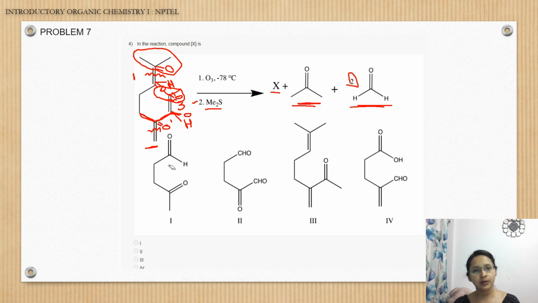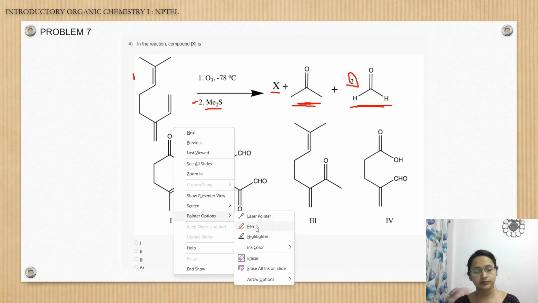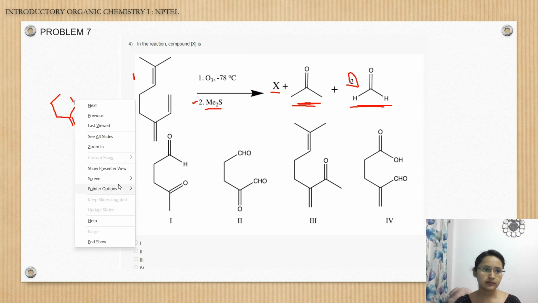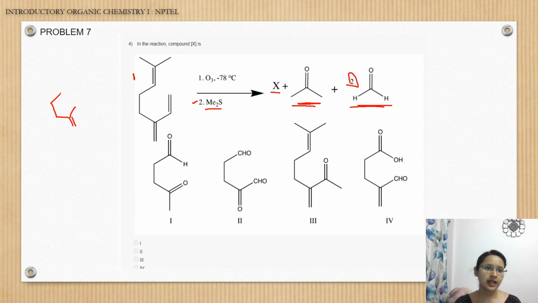So now let me erase all the things to get a better vision. Here what you will end up with is this. So here you will have a CHO coming from alkene number 1.